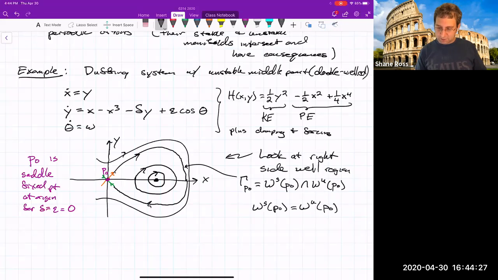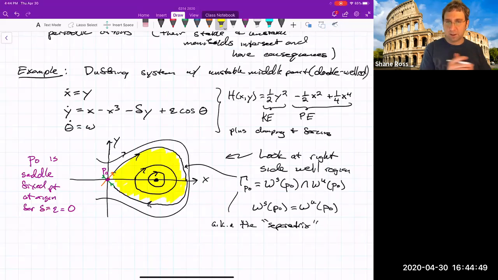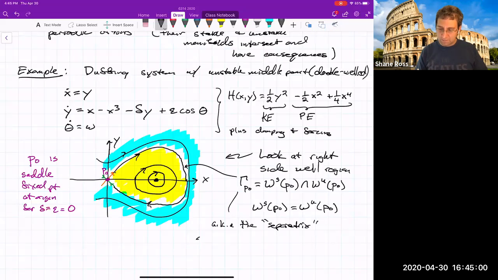That's also called the separatrix, because it separates things that are inside, which would be stably oscillating around in this right side well, I'm just not showing the left side well, from things that are outside that are going around both wells. So the separatrix separates qualitatively different behavior.